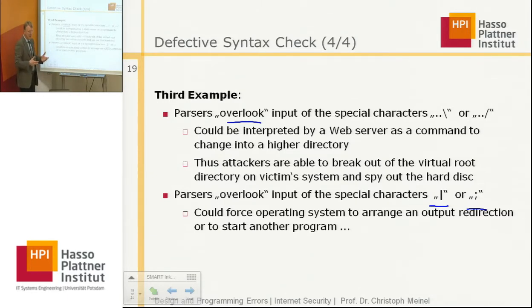So here you see that simple mistakes in parsers for syntax checking can have bad results. Of course, the attacker needs to know the weakness before he is able to make use of it and use it for an attack.